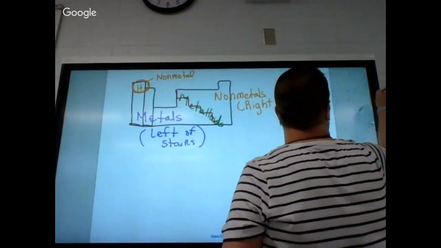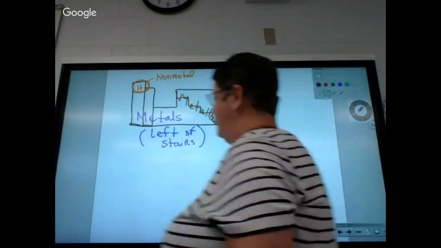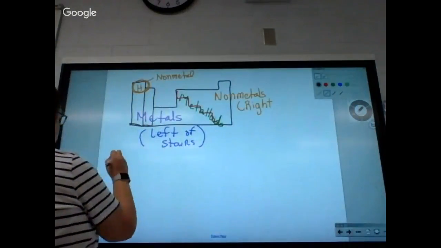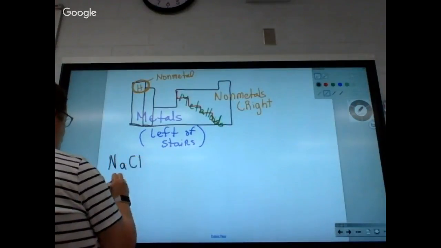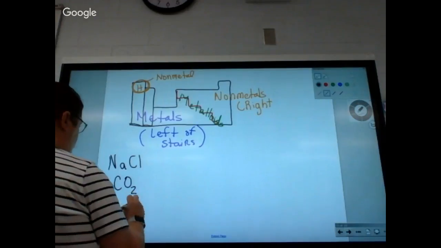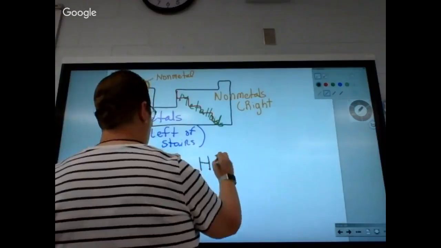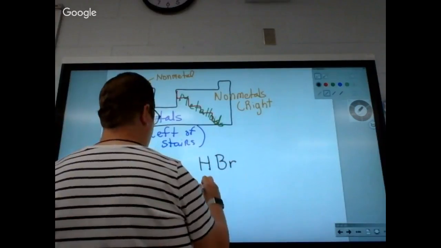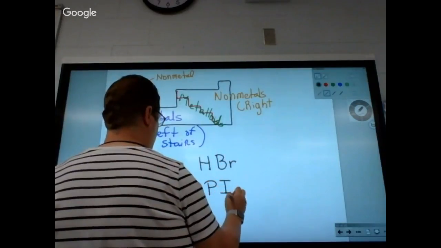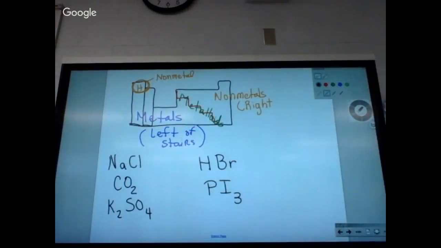Okay? So, when we look at examples, we should be able to figure out what type of compounds those are. Are they ionic or are they covalent?